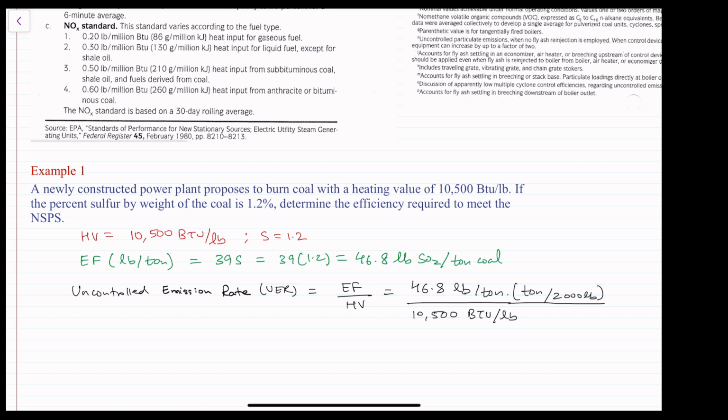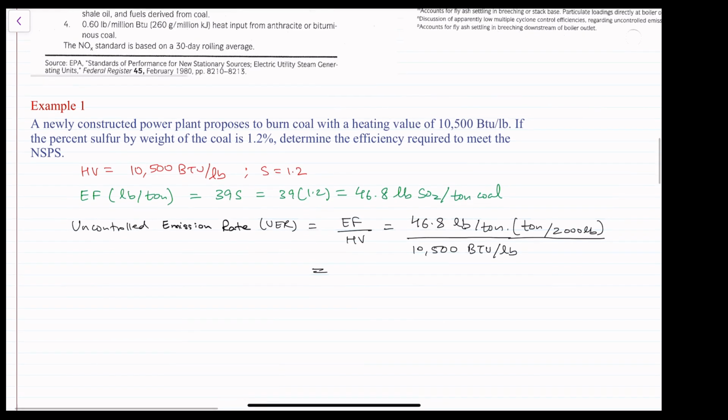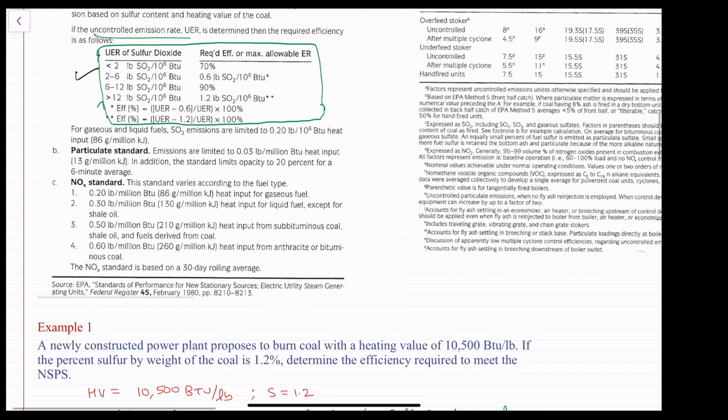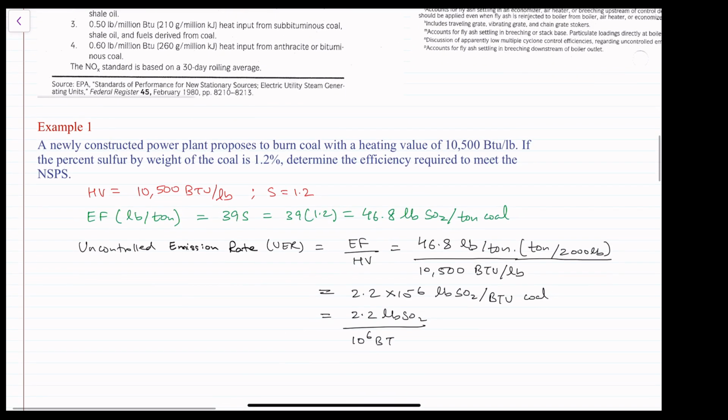So this gives us 2.2 times 10 to the power minus 6 pounds of SO2 per BTU of coal, or we can say 2.2 pounds of SO2 per million BTUs, because that's the way the units are in the table. So we have 2.2.